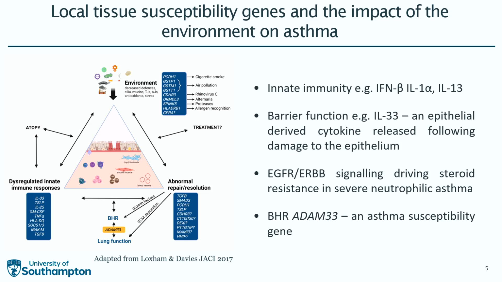So I'm going to touch on the interferon beta story, but also defects in the innate immunity, such as IL-1 alpha and IL-13. Defects in barrier function, I'm going to focus on interleukin-33 here, which is an epithelial-derived cytokine. Talk about EGFR and a role in steroid resistance in neutrophilic asthma, and then touch on the ADAM33 gene and its effects with bronchial hyperresponsiveness.